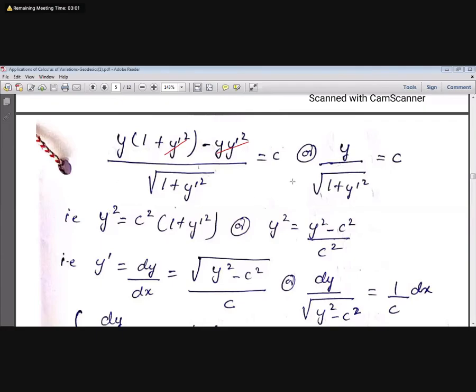Now square both sides, cross multiply to this side, then y square equals c square into 1 plus y dash square. I need y dash. Some error is there in this. This is y dash square.